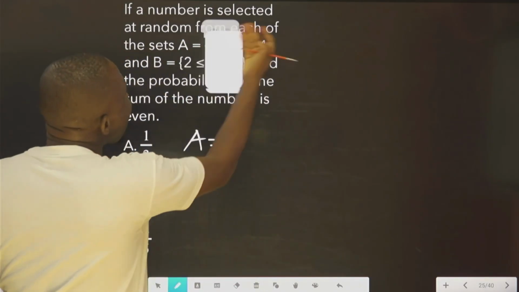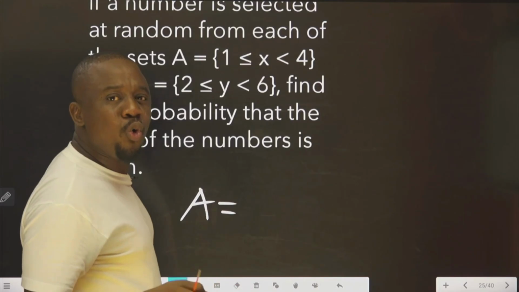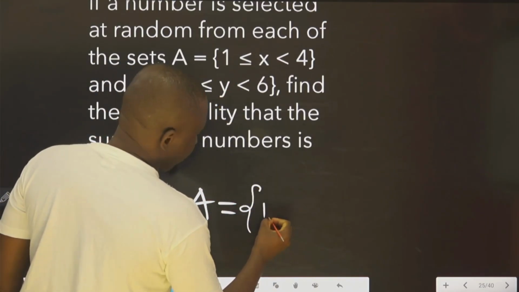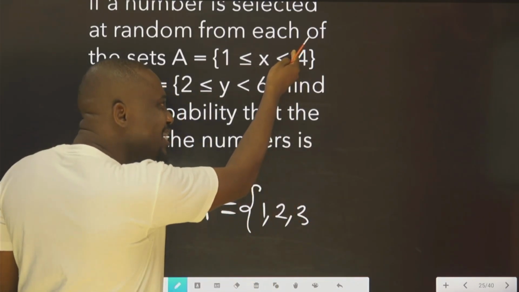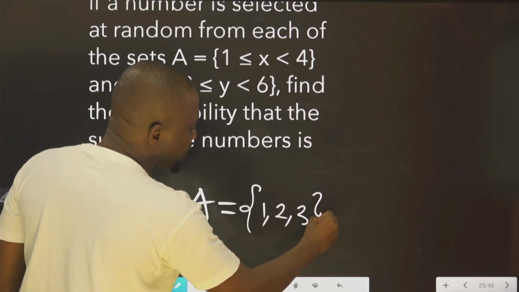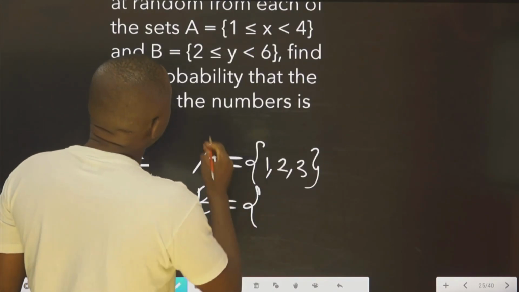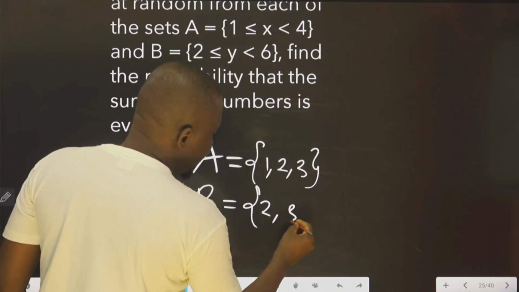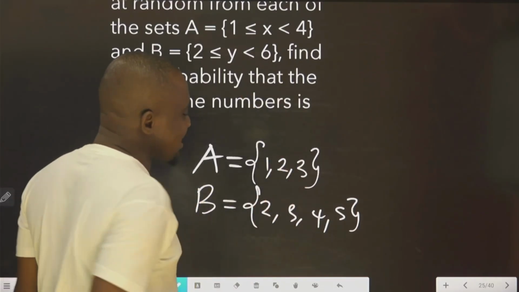Because it said here, 1 is less than or equals to x. So we are going to start from 1. I can't put 4 because it's less than 4. So we stop here. For B, we start from 2, 3, 4, 5. We can't put 6 because it's less than 6.